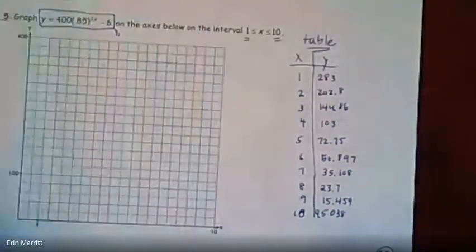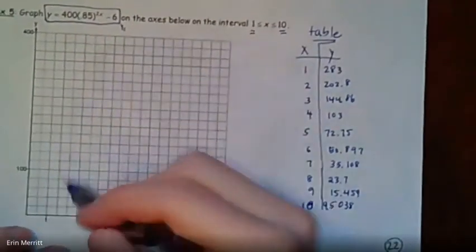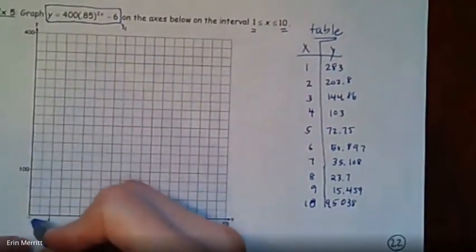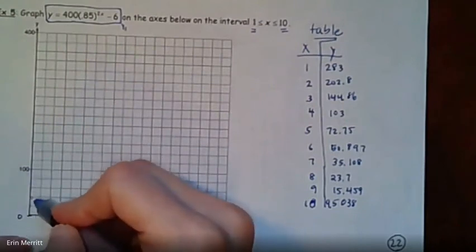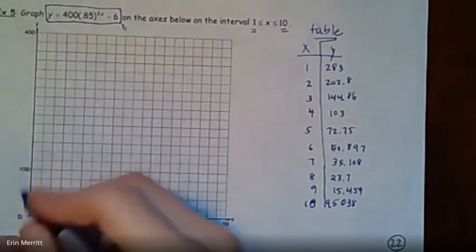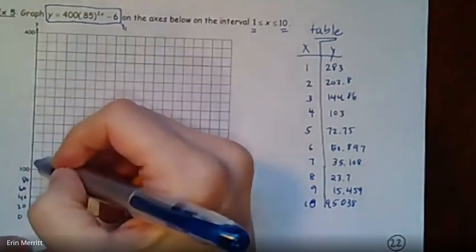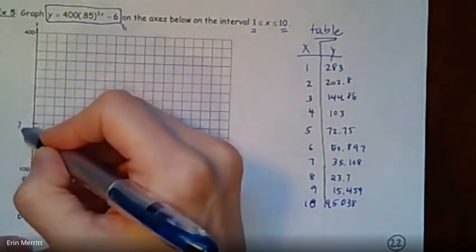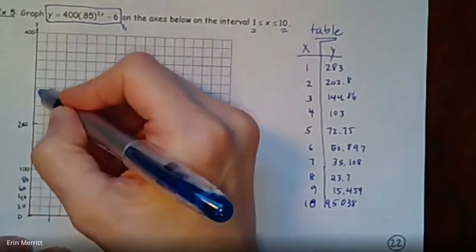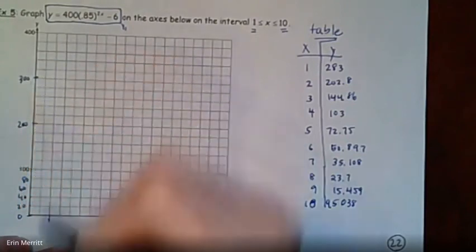Oops, little goof on that last guy. So it starts at 1 and then 283. So keep in mind, if this is 100, so 1, 2, 3, 4, 5, 100 divided by 5, each line is worth 20. So then 1, 2, 3, 4, 5, there's 200. 1, 2, 3, 4, 5, 300, and so on.